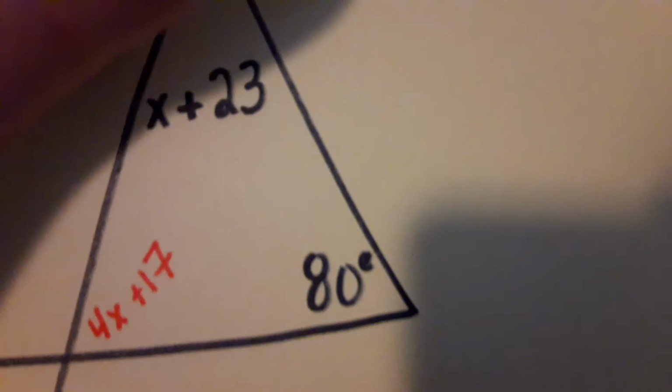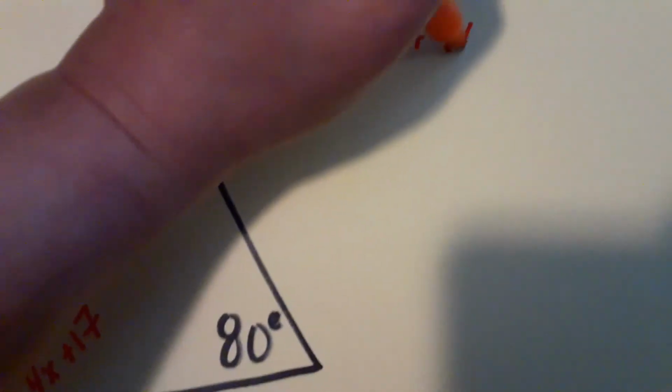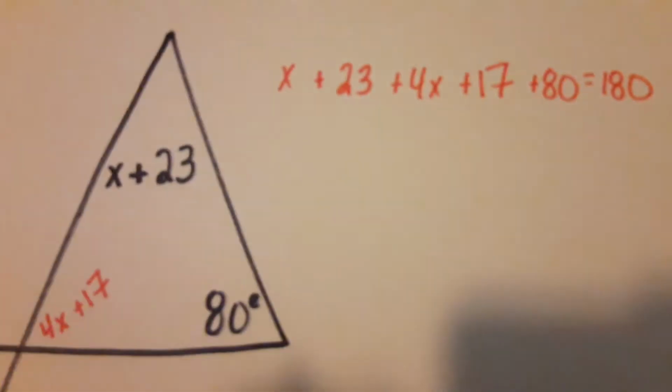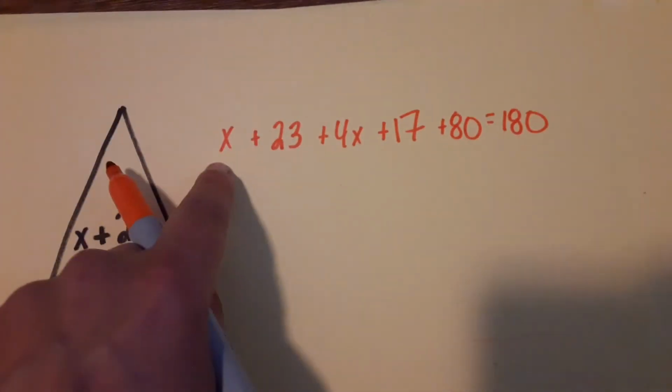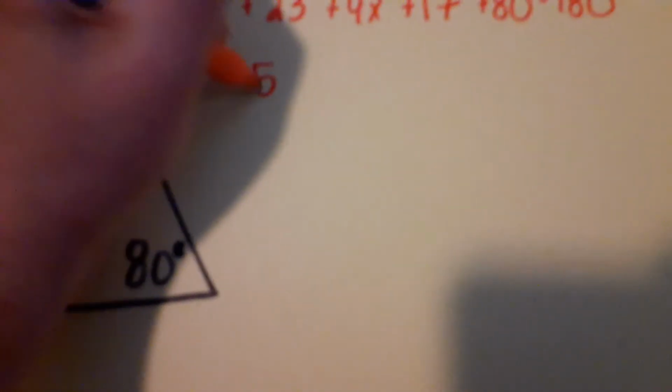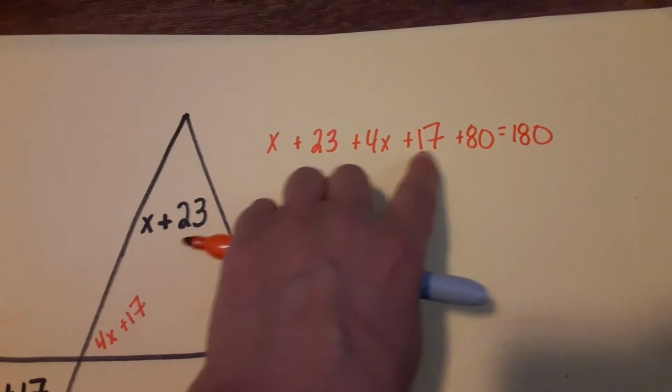Begin. x plus 23 plus 4x plus 17 plus 80. And there it is. Combine like terms. 1x plus 4x is 5x.